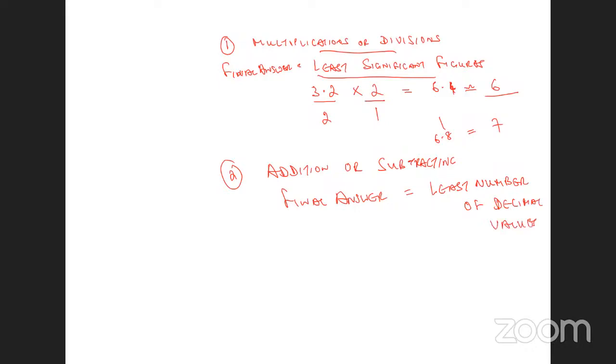Okay, so least number of decimals means if I have 1.1, I'm doing a simple one to add, you get 2.1. But this number has no decimal, so our answer should be 2.